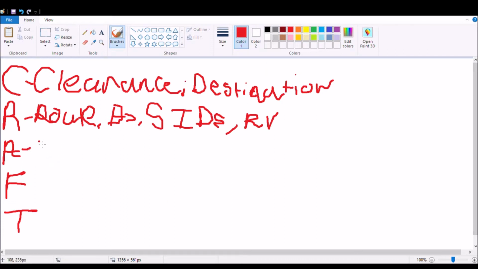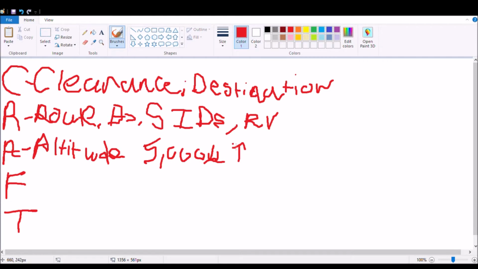A is going to be your altitude. Now, an altitude can come in many shapes or forms. You can say, maintain 5,000. It could be maintain at or below. In that case, I write that with an underline. It could be at or above.